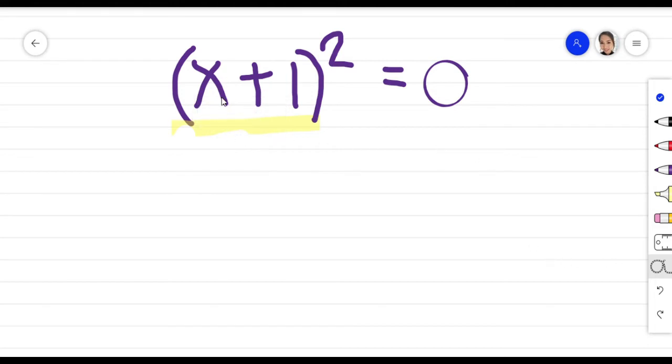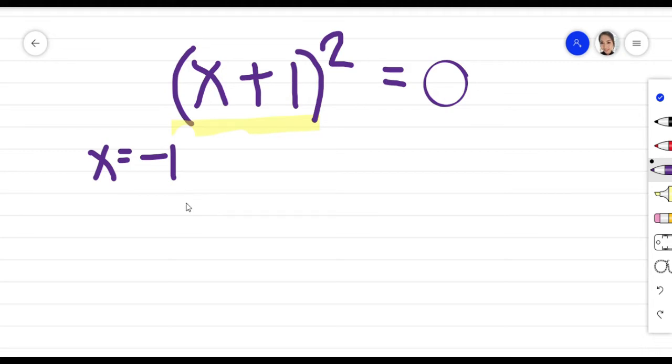So what do you think would be the solution for this equation? Or what is the value of x here? So let's say x is equivalent to -1. Now, if x is -1, we will substitute it to x here.